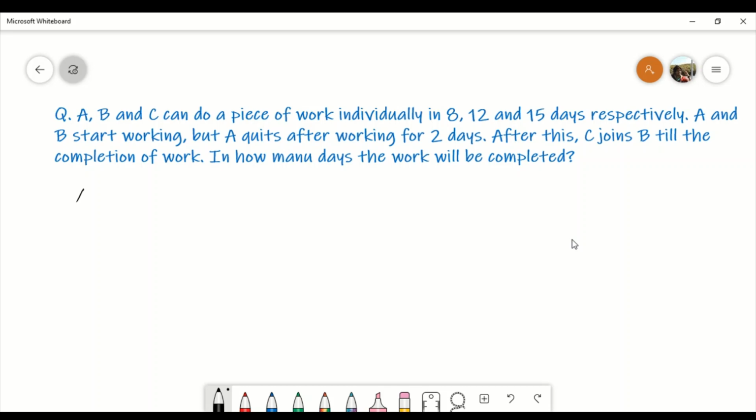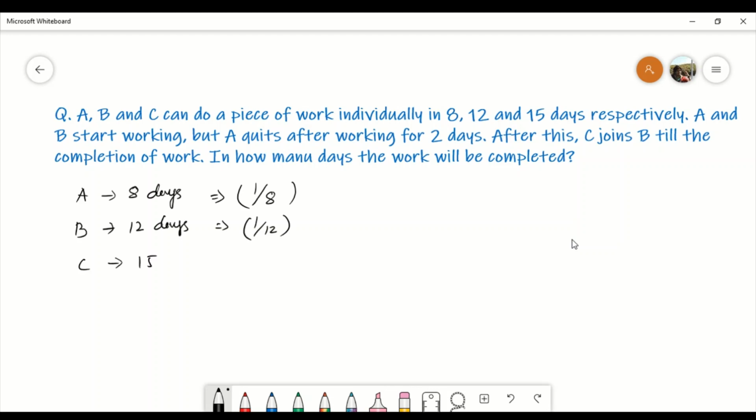So we know that A takes 8 days to complete that work. So A will do 1 by 8 amount of work per day, right? Similarly, B takes 12 days. So B will do 1 upon 12 unit of work per day, and C takes 15 days.